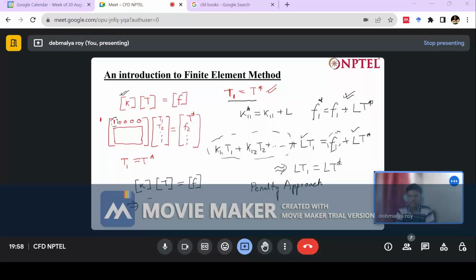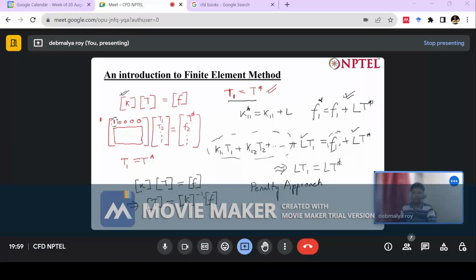And basically the objective is to find an inverse of K, so that the problem becomes this. So the whole computing struggle is basically finding K inverse. How efficiently we can find K inverse basically gives how efficient the computer program is. And this is basically the finite element method.